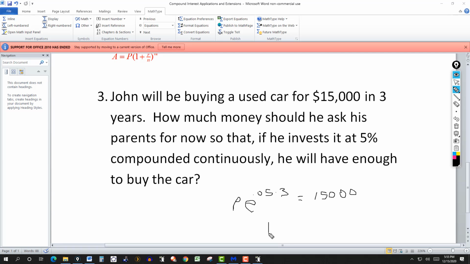If we solve this for P, P will equal 15,000 divided by e to the 0.15, multiplying the 3 and the 0.05.